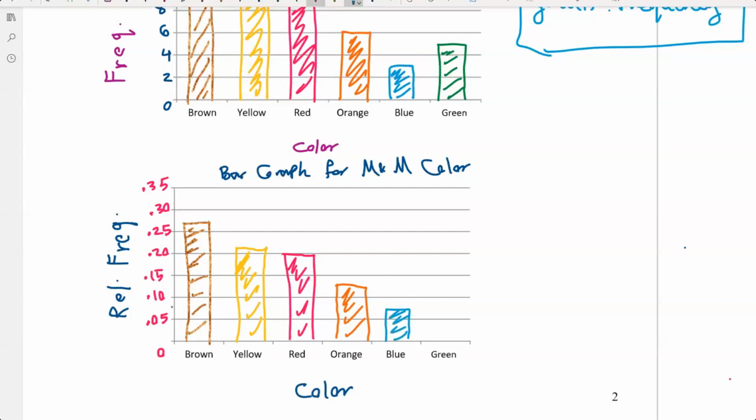And final green is 0.11. Okay, so here again, for the x-axis, we had colors. And the y-axis, now in this part, was relative frequency.